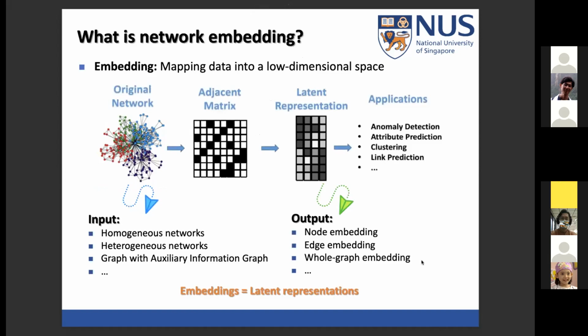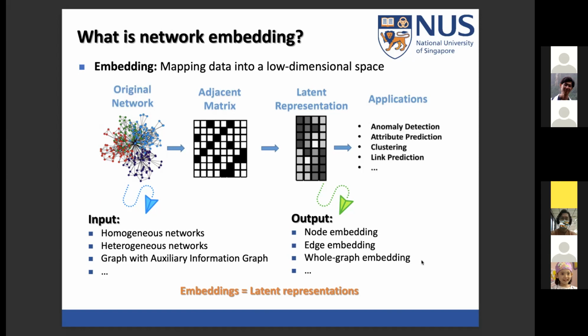So first, we would like to say what is a network embedding. The goal of network embedding is to automatically learn a transformation from the original input data to new latent representations, so that the new latent representation can be effectively applied to various downstream tasks such as anomaly detection, clustering, classification, and link prediction, thereby liberating people from tedious feature engineering.